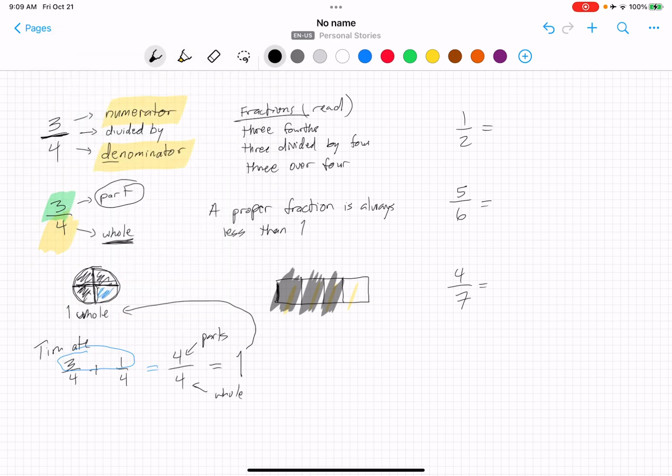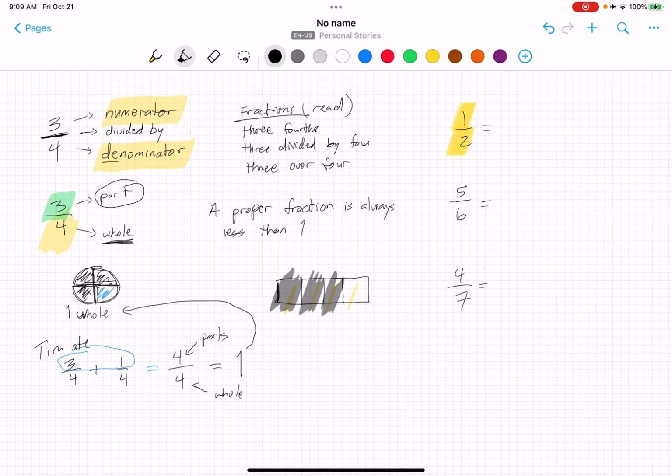Okay, so the way I might say this fraction is I might say I have 1 over 2. I could say I have 1/2, or I could say this is 1 divided by 2. All are correct ways of saying the fraction.